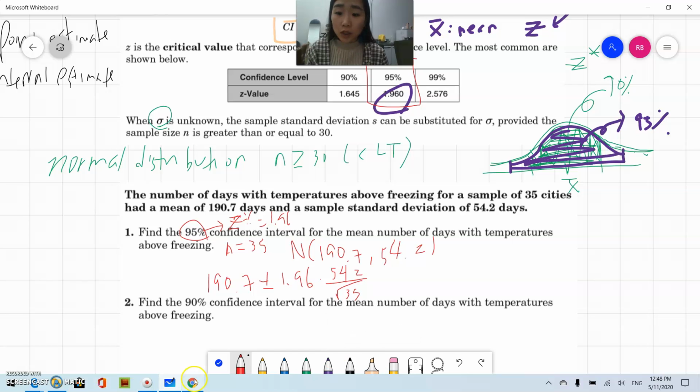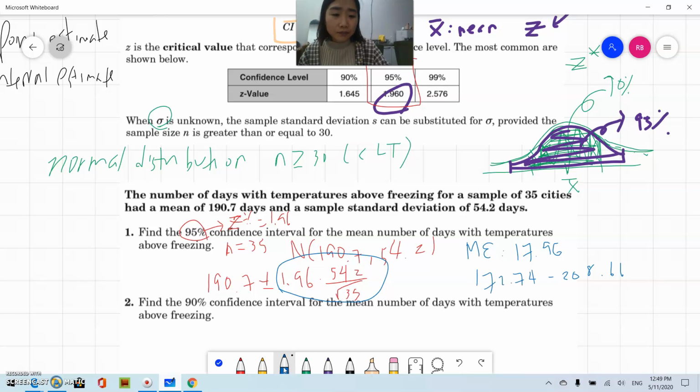The margin of error, which I sometimes write as ME, is the part after the plus or minus. That value happens to be 17.96 when I calculate it. Then to find the actual interval, you add that value to your mean, and you subtract that value from your mean.